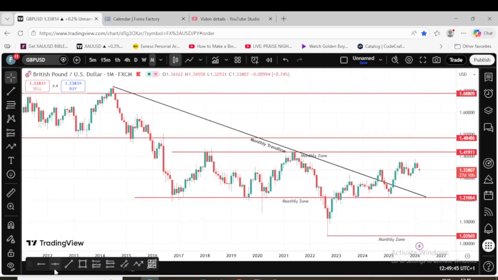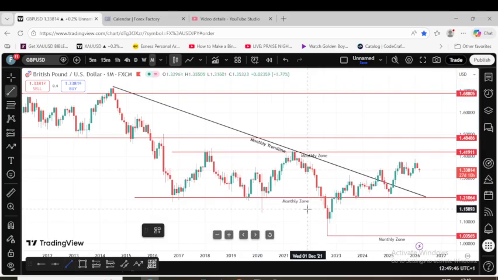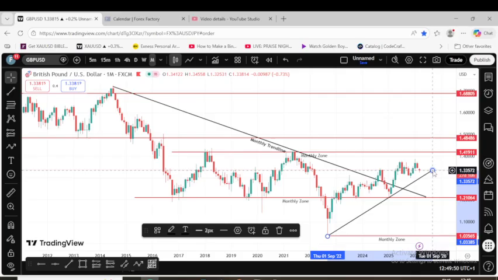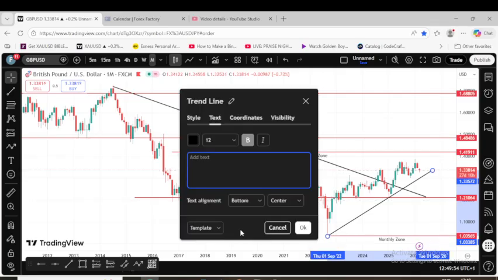Similarly, you can also draw a trend line here, like this. This would also be our monthly trend line. And this one is likely more valid than the one drawn previously.